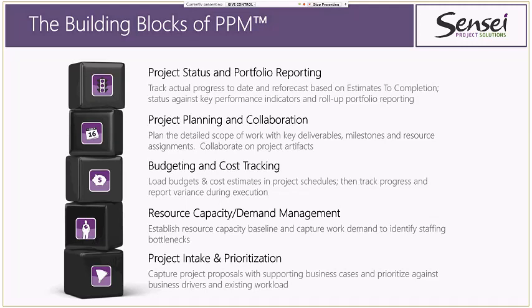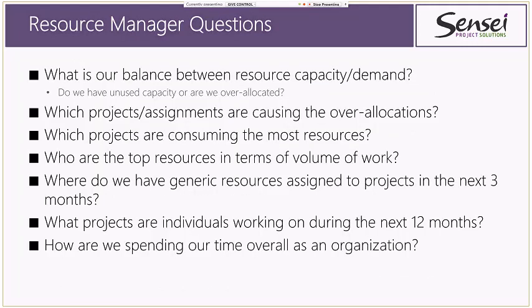The core of the topic today fits into the project planning building block. However, it also impacts and is impacted by the resource capacity demand building block. So I want to try and put that in context up front, within the overall resource management process. A lot of times, resource managers are asking questions such as, what's the balance between capacity and demand?